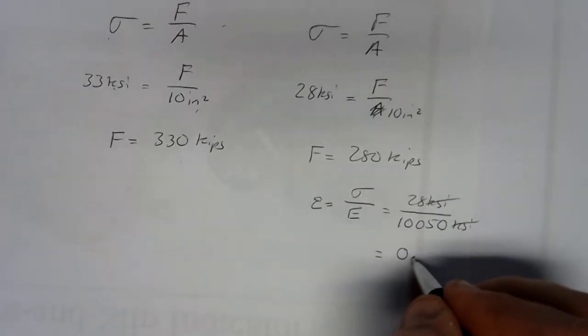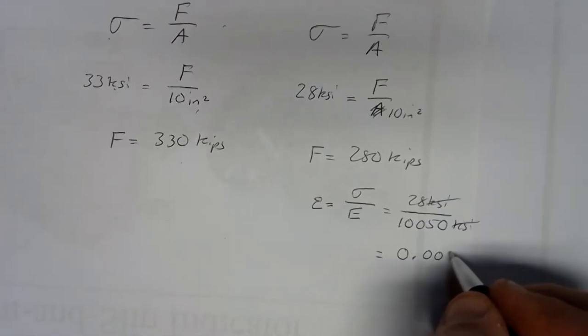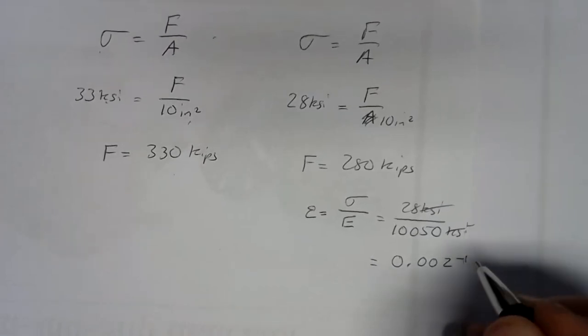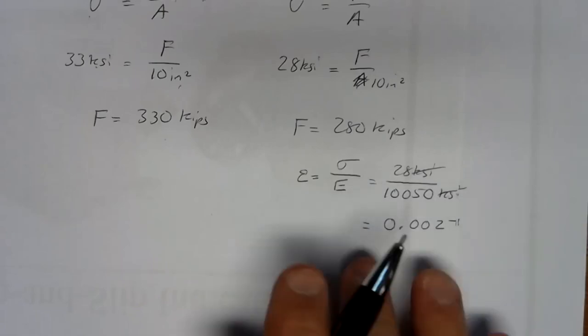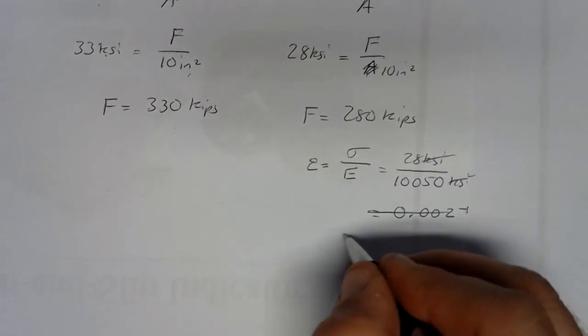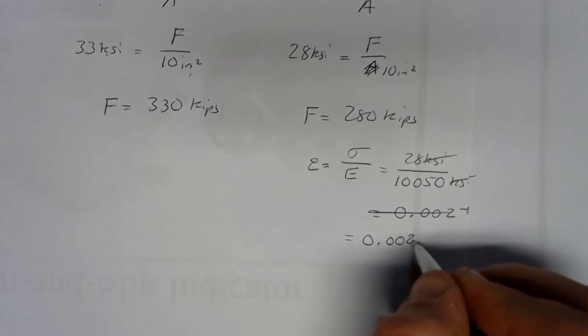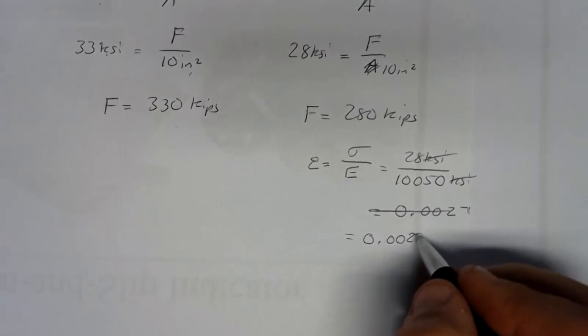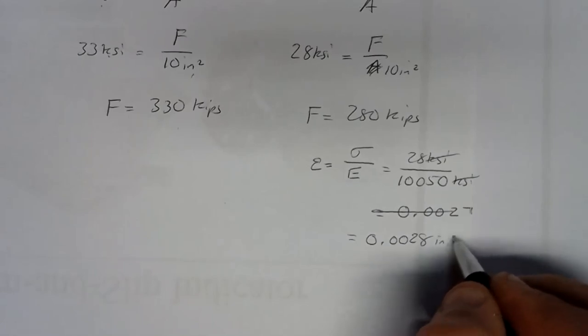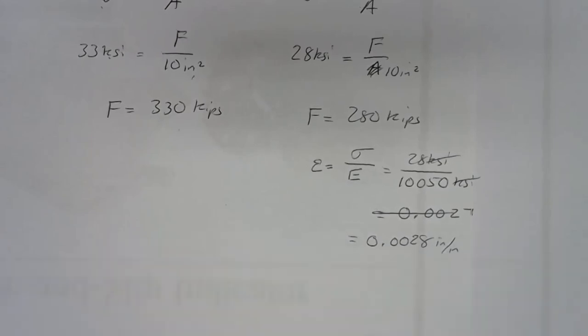Each inch is going to stretch out by 0.0028 inches per inch. So a little bit more than 2 thousandths, a little less than 3 thousandths of an inch per inch.